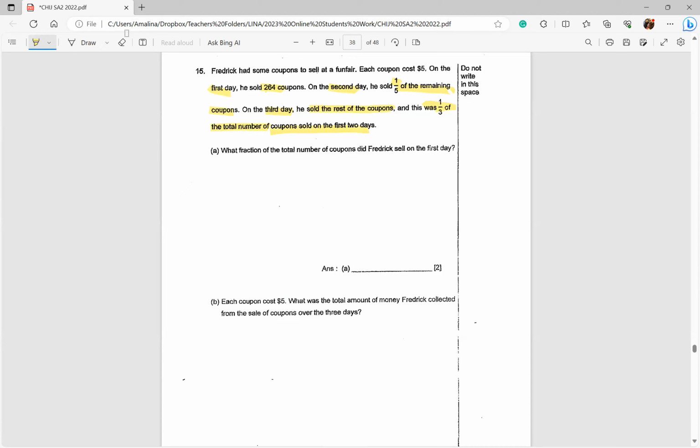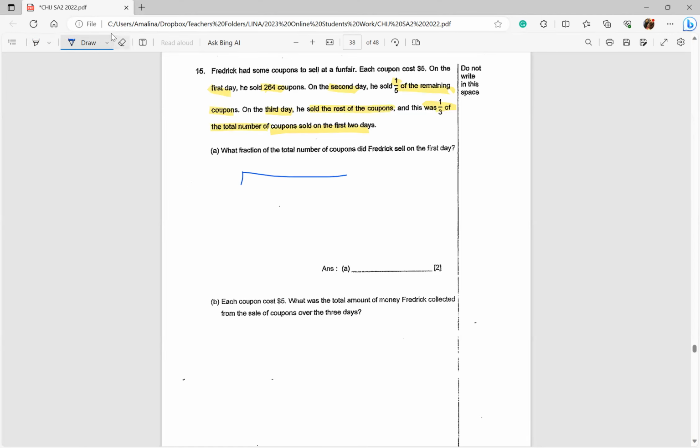Okay, so part A. What fraction of the total number of coupons did Frederick sell on the first day? For this question, I need to draw my fractions model. So I will draw my rectangle first.